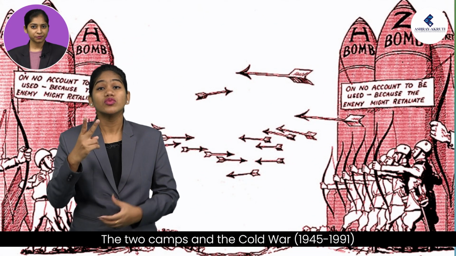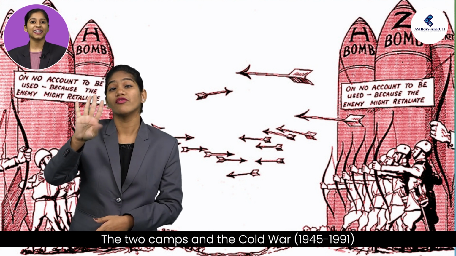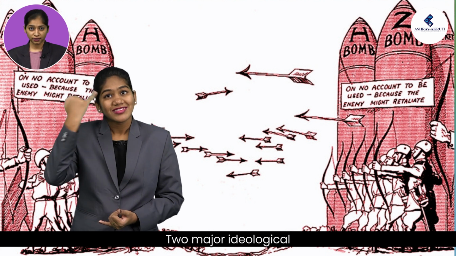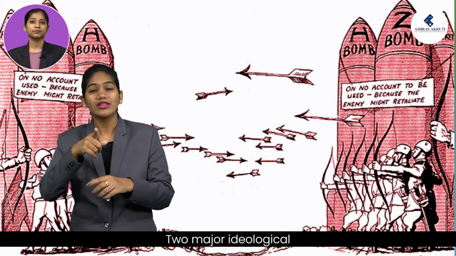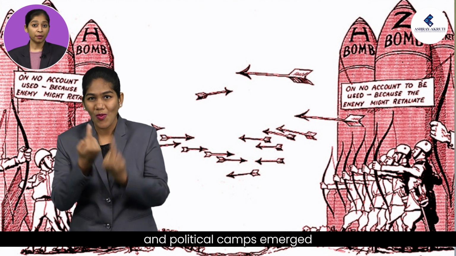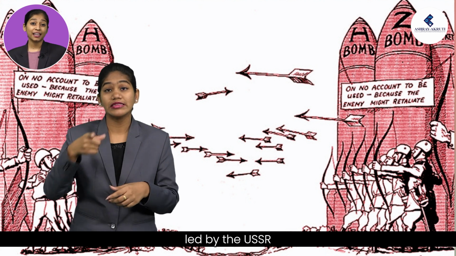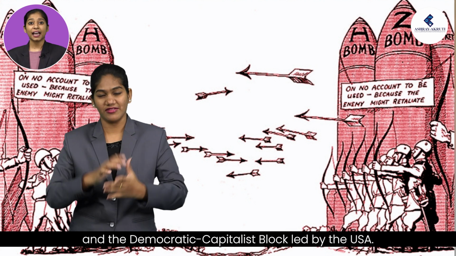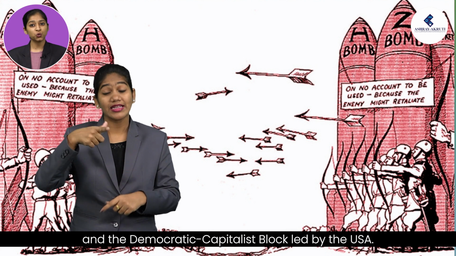The two camps and the Cold War, 1945 to 1991. Two major ideological and political camps emerged after the war: the Communist bloc led by the USSR and the Democratic Capitalist bloc led by the USA.